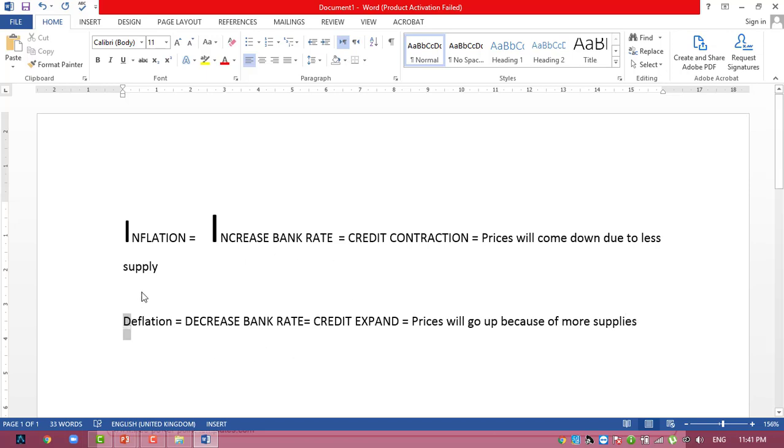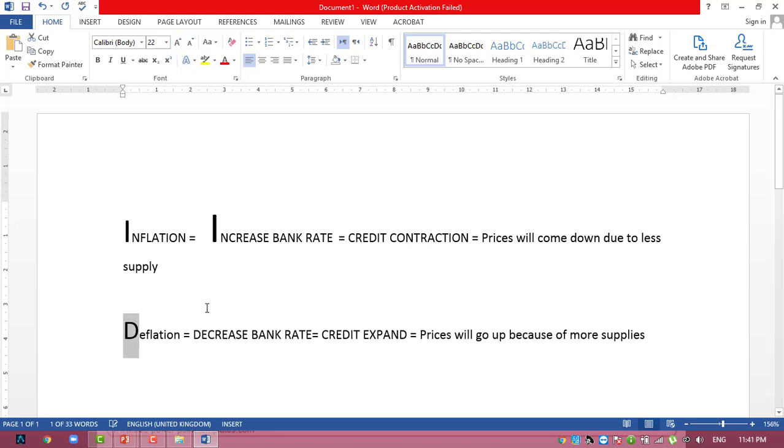This is a shortcut again: remember D, deflation, and D, decrease bank rate. So whenever there is deflation and the government wants to control it, the central bank will decrease the bank rate. Simultaneously commercial banks will decrease their interest rate and credit will expand.